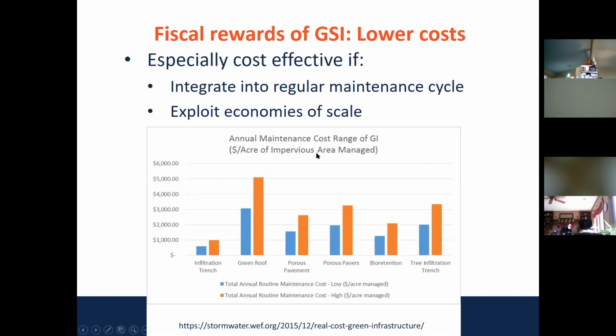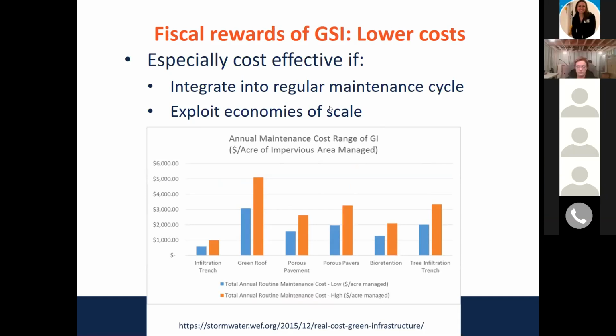These are annual maintenance costs, and I put this here because this study points out that it's important. Maintenance costs are also a part of it, as Eliana mentioned. It's important to look at maintenance costs in terms of dollars per acre of impervious area managed. If you look at it in terms of dollars per area of the green infrastructure, you get very different numbers, and that's not really the number that you want.